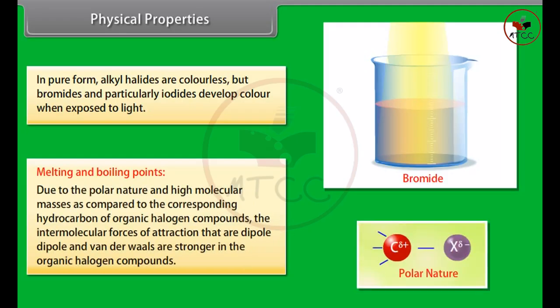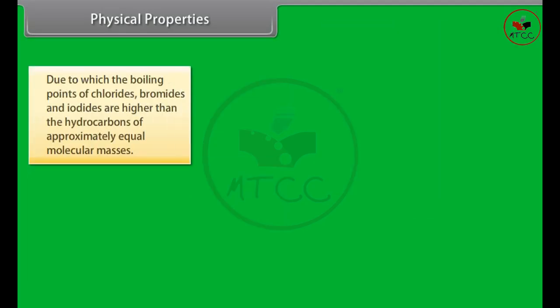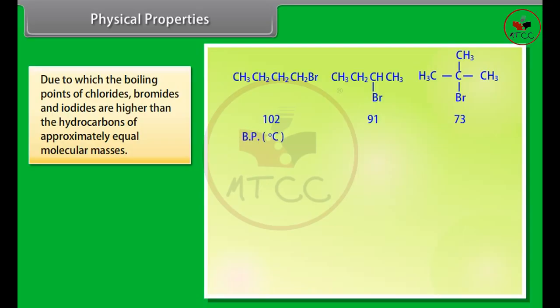Due to the polar nature and high molecular masses, compared to the corresponding hydrocarbons, of organic halogen compounds, the intermolecular forces of attraction that are dipole-dipole and van der Waals are stronger in the organic halogen compounds, due to which the boiling points of chlorides, bromides and iodides are higher than the hydrocarbons of approximately equal molecular mass.